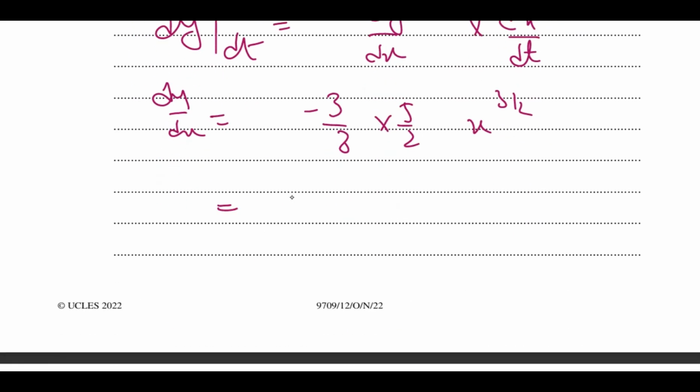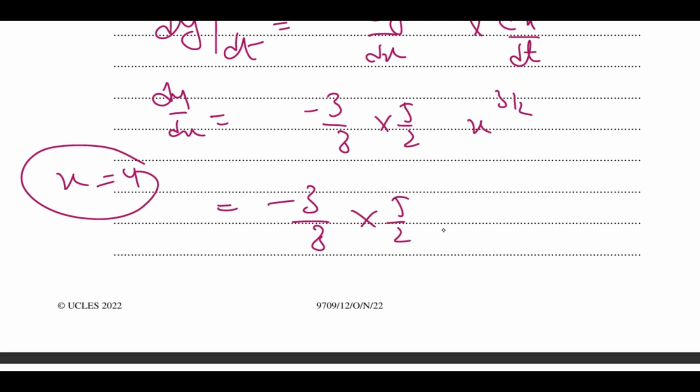When x is equal to 4, it is minus 3 by 8 multiplied by 5 by 2 times 4 power 3 by 2, which gives us minus 15.